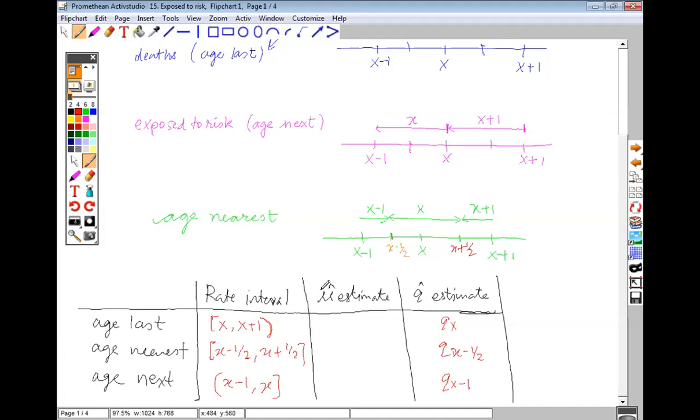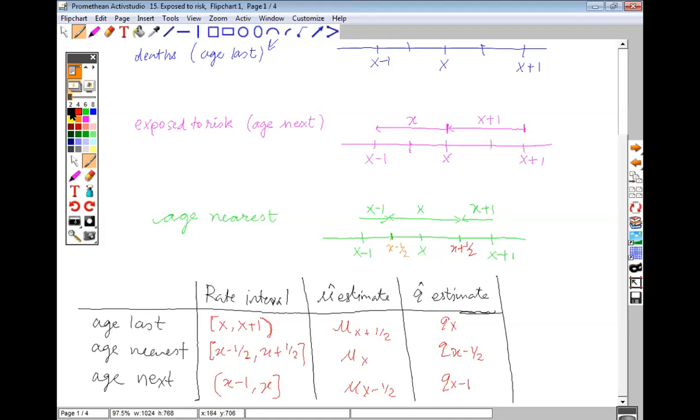And my mu hat represents the central exposed to risk. So I will just add these up and divide by 2. So 2x plus 1 by 2, which is nothing but x plus a half. Then here you will have mu x, and here mu x minus a half. So these are the estimates that you will get for these particular definitions of age.